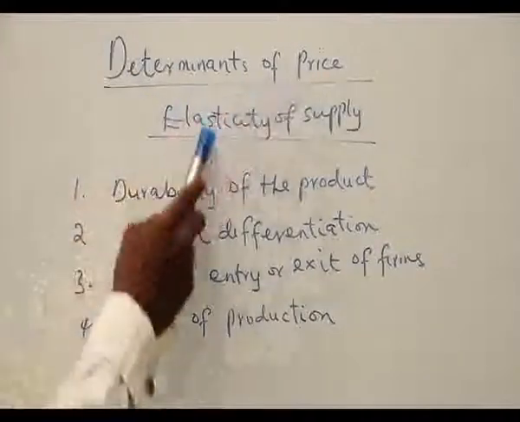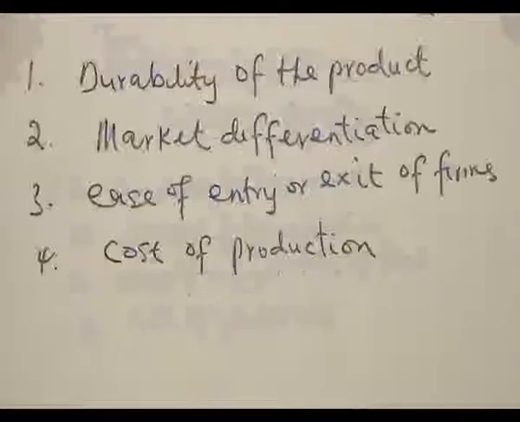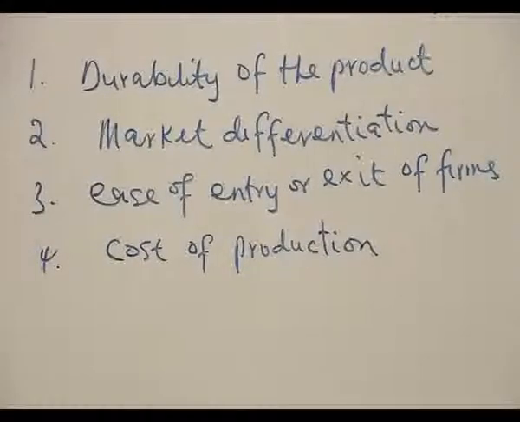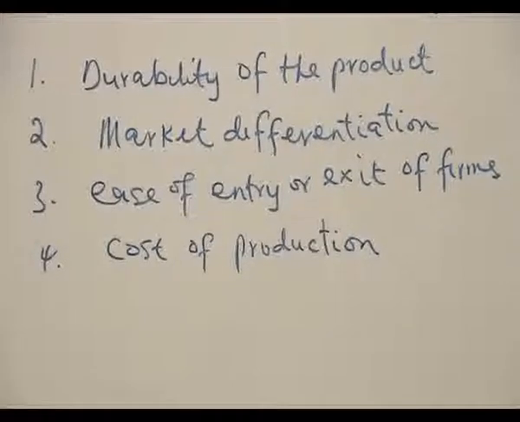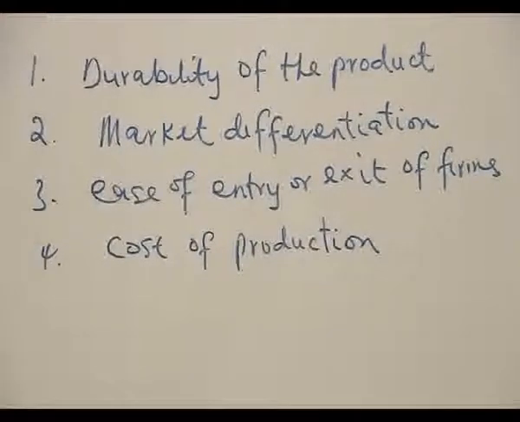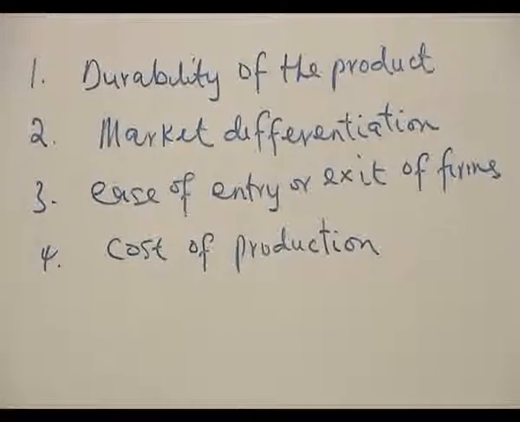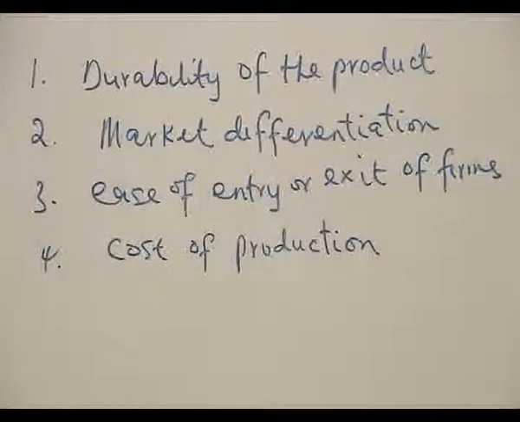Determinants of price elasticity of supply. Number 1, durability of the product. If the product is a durable one, the elasticity of supply of such product will be elastic, because it can be kept till when consumers are in need.